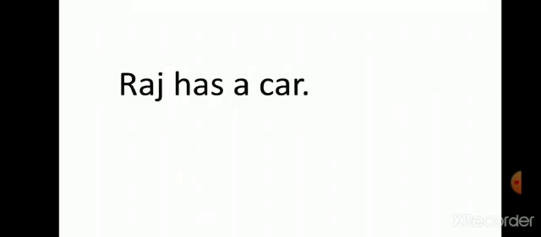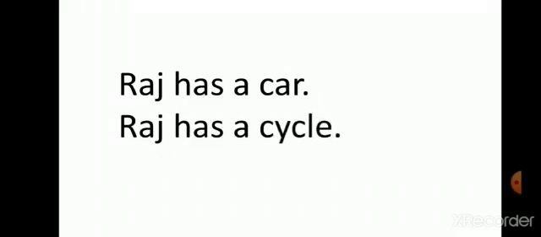Now here I'm giving an example of sentences, how to join two sentences by using "and". Okay. Raj has a car. This is the first sentence. And the second sentence is Raj has a cycle. Now, these two sentences we have to join and make one sentence.